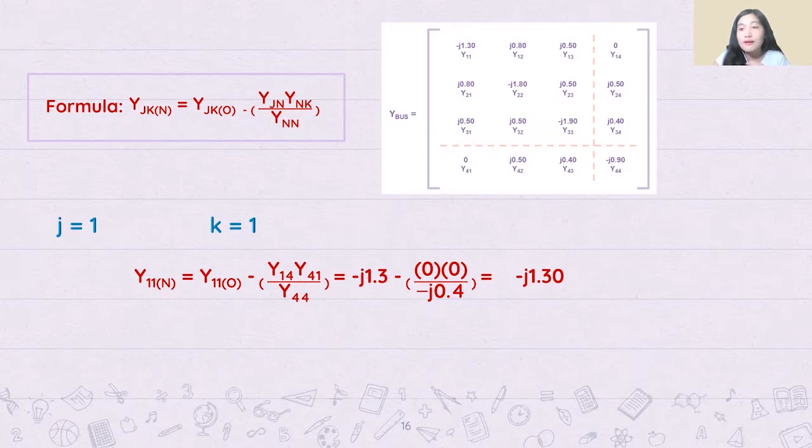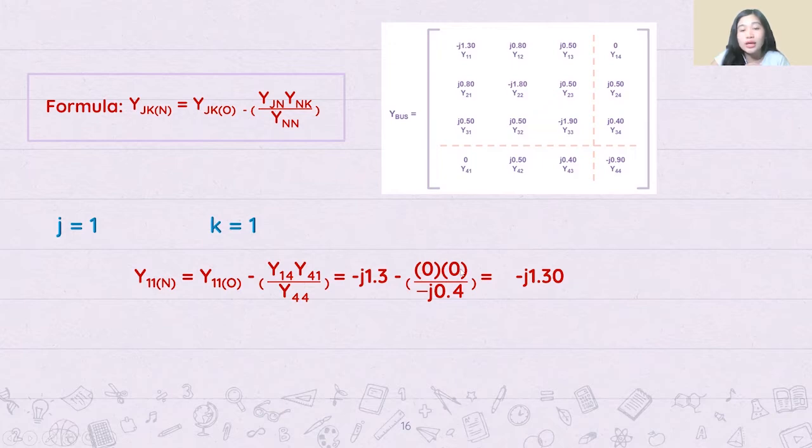Ano yung old value ng Y sub 1, 1 natin? Here, makikita natin sa ating matrix that Y sub 1, 1 is equivalent to negative j 1.3. Substitute, then minus our values of Y14 and Y41. Y14 is 0, Y41 is 0 as well.